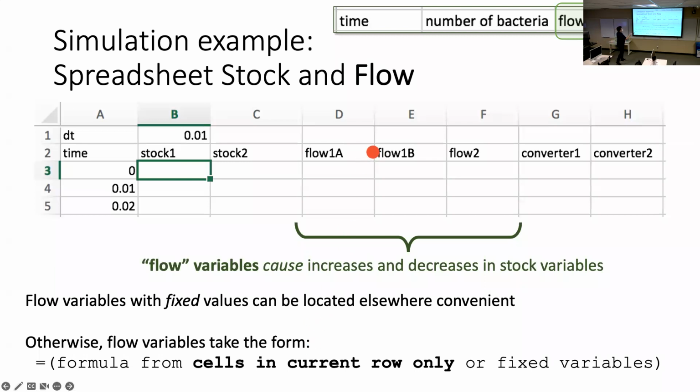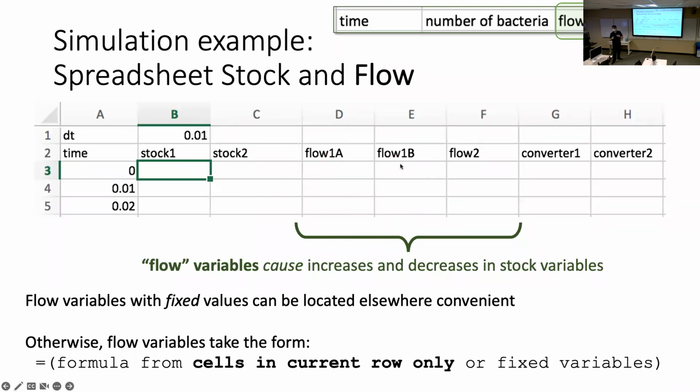So this is saying like the inflow into stock 1 depends upon stock 1 and stock 2 in a formula you would put here. The outflow depends upon that in a formula you put here. The inflow and outflows to stock 2 are here, and so on. So this is where we actually do our relationships that we've been talking about in causal loop diagrams. This is where we quantify them as relationships between flows and stocks.